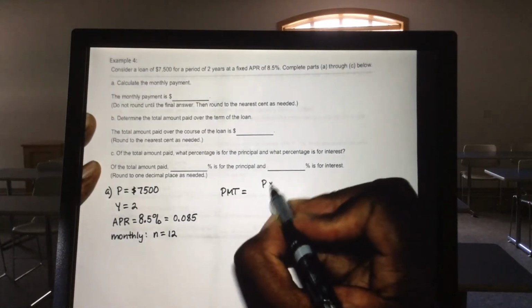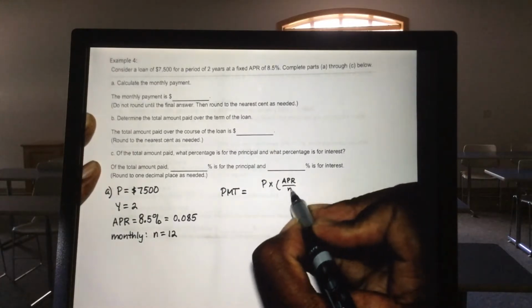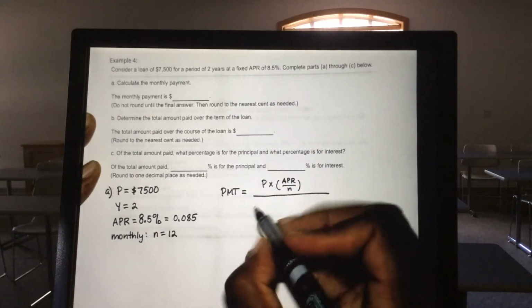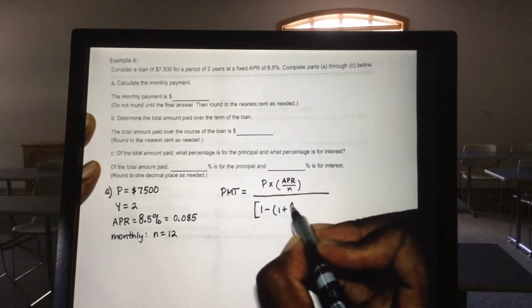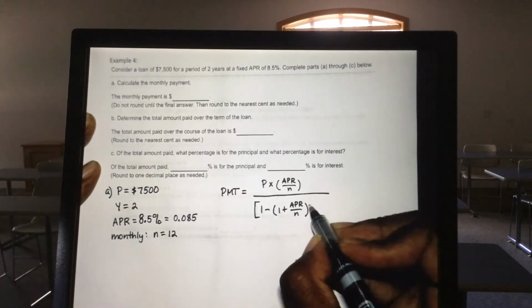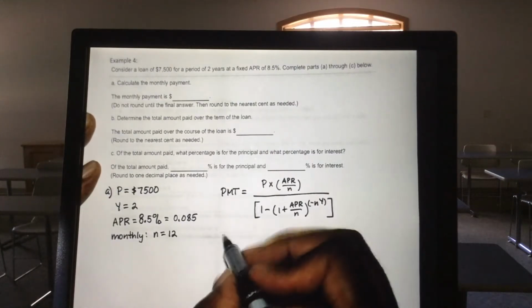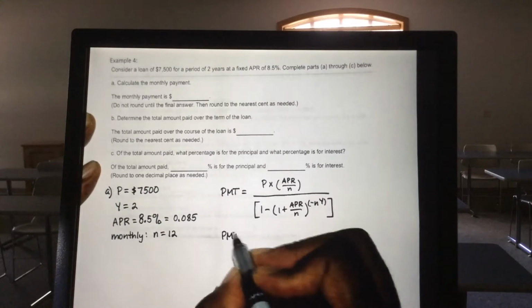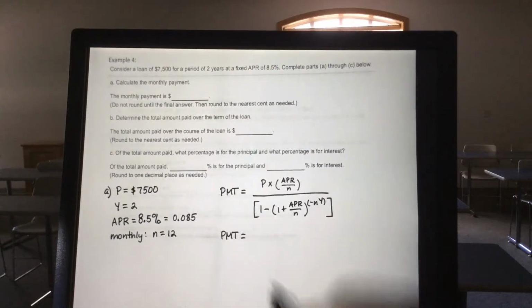So here we're going to use that same formula for installment loans. Now, let's substitute into that particular installment loan formula. Your P is 7,500.